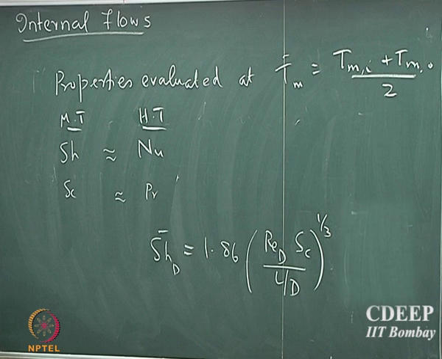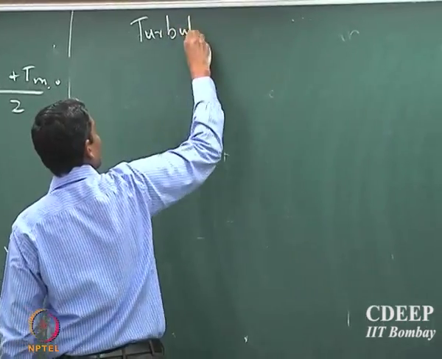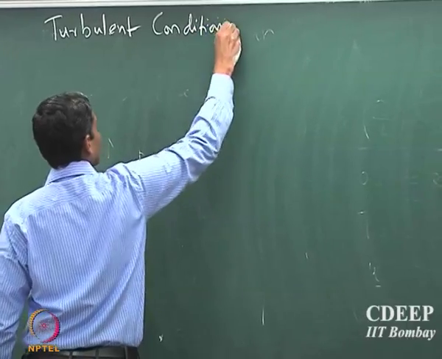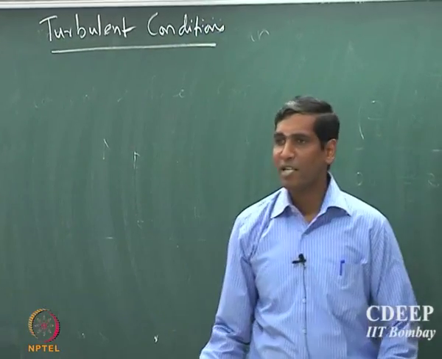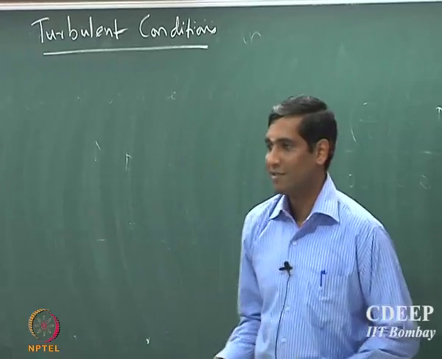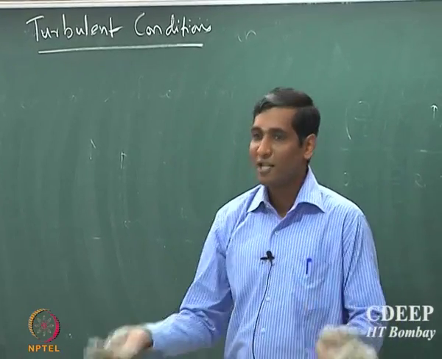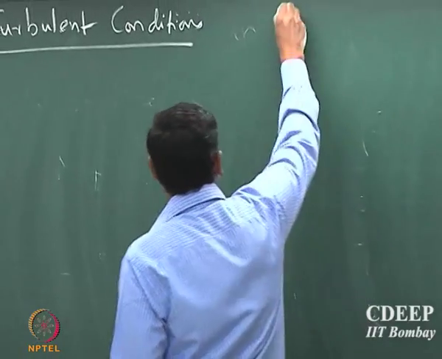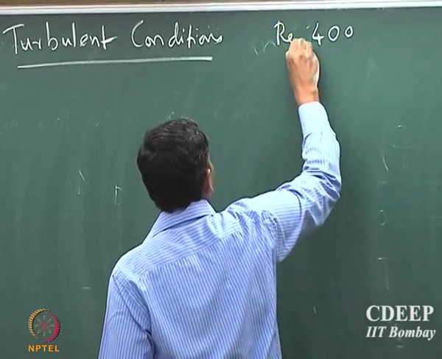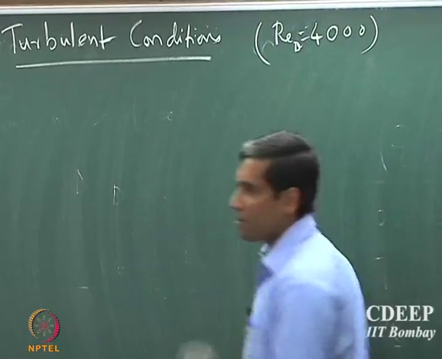Alright, so the last piece of the puzzle for internal flows is the heat transport coefficient during turbulent conditions. Okay, so we never talked about turbulent conditions. What's the Reynolds number transition? 2100 for laminar to the transition region, and typically 4000. Of course, it varies a lot depending upon the nature of the fluid and the surface of the tube.